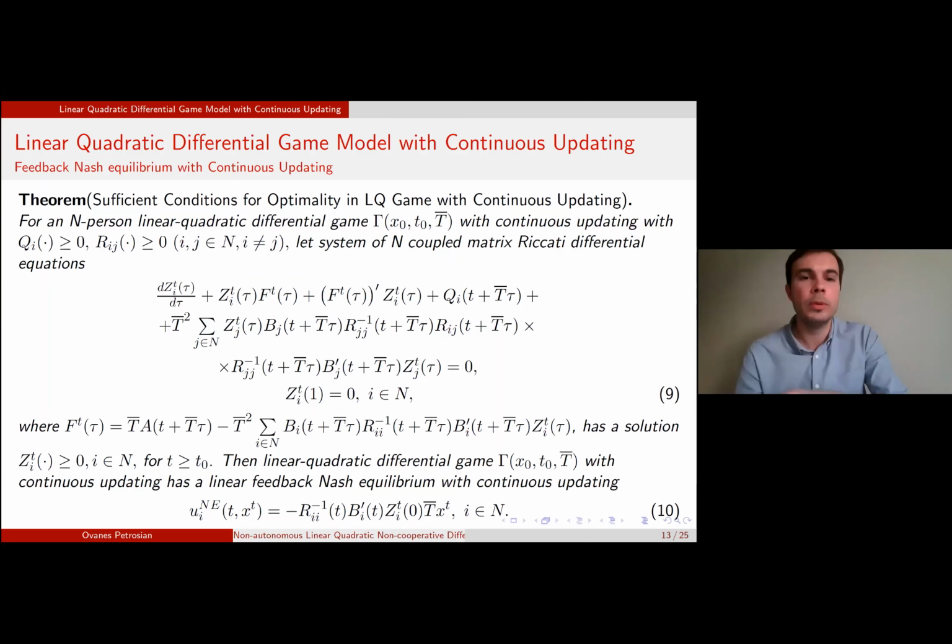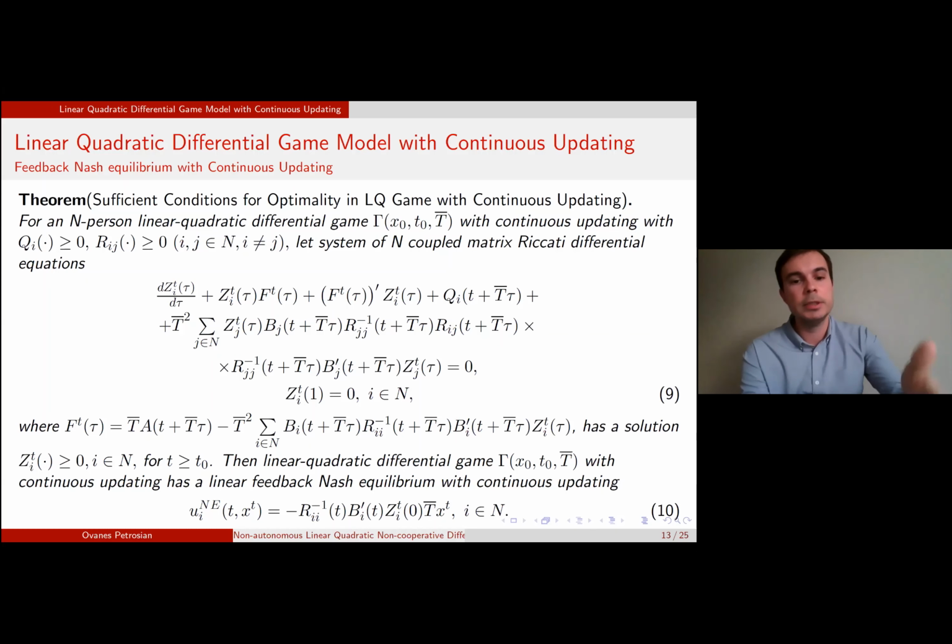It doesn't matter actually. When the duration of the game is infinite, maybe my question is not relevant. But when the duration is finite, it might well happen that the updating horizon is larger than the number of stages left, right? From my perspective, it seems that players should account for the remaining number of stages, the remaining period of the game.